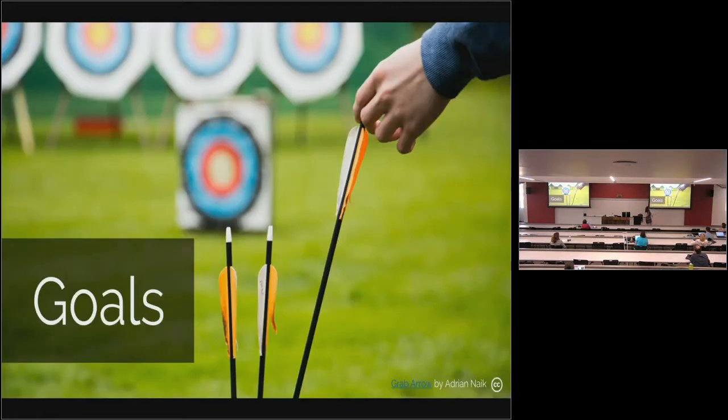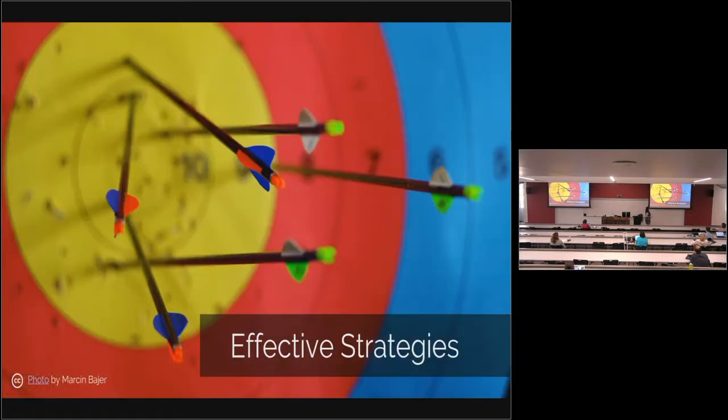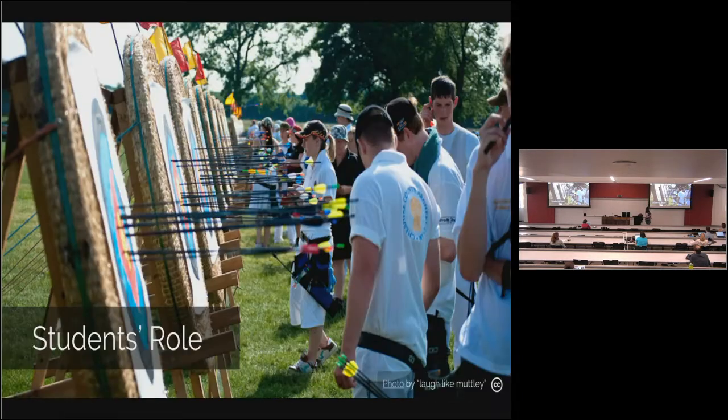So we talked about goals, and then our subtopic, we were kind of progressing through it, identifying our targets, effective strategies, and including the students. So all of these obviously are grouped together really clearly. I used minimal text with a semi-transparent background because obviously with that picture there was no area on it that was ever going to be a spot where the text, no matter what color I chose, would show up.